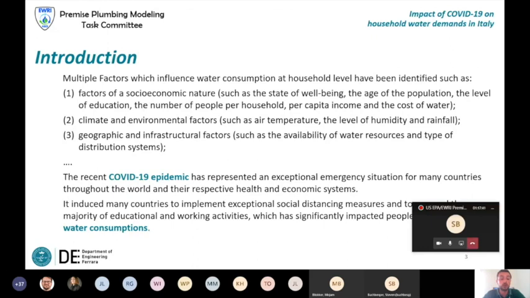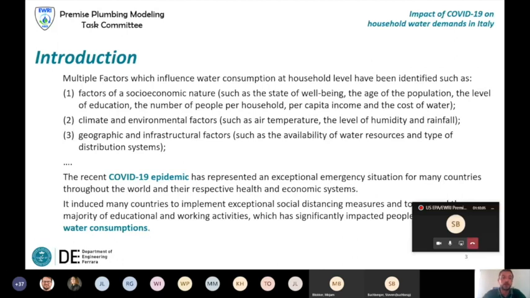That is the lockdown due to the COVID-19. Indeed, the COVID-19 induced many countries to implement exceptional social distancing measures, to close schools, universities, and all this action had a significant impact on people's habits, and consequently on water consumption.